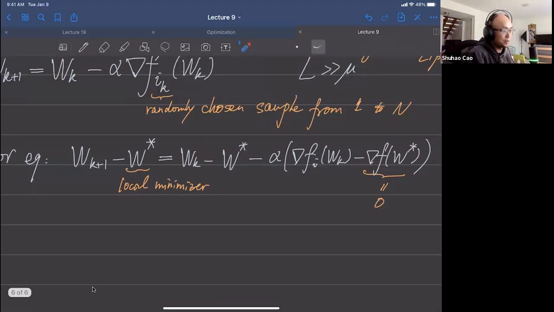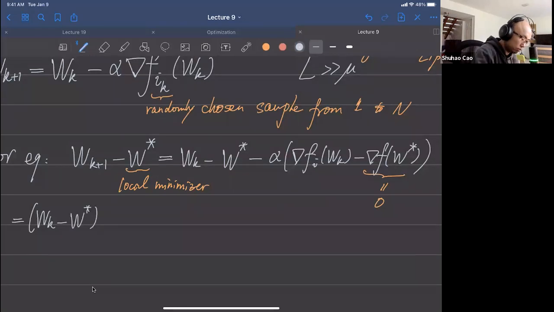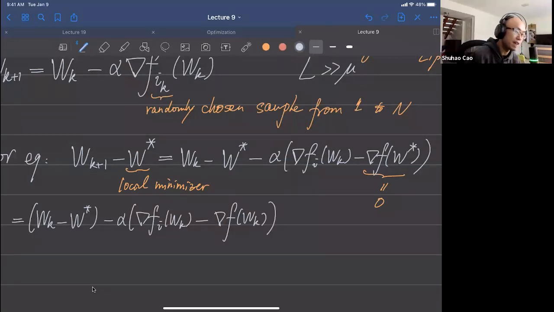How to bridge this difference is a common trick used in optimization: we insert some term that can serve as a bridge. So we insert the gradient evaluated at the current iteration's parameters, the neural network's parameters, times alpha.